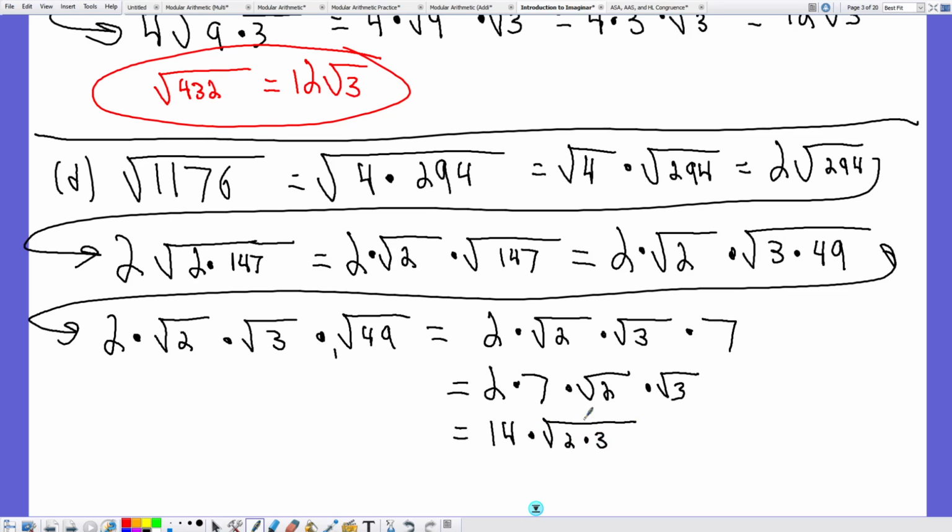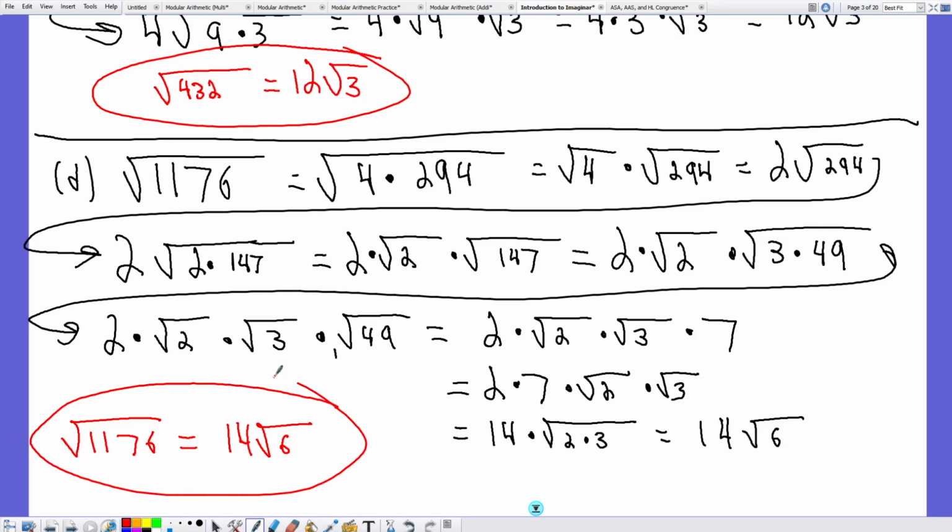So it's the square root of 2 times 3, which means that it simplifies to 14 square root of 6. So establishing the fact that the square root of 1176 is equivalent to 14 times the square root of 6, giving us our answer.